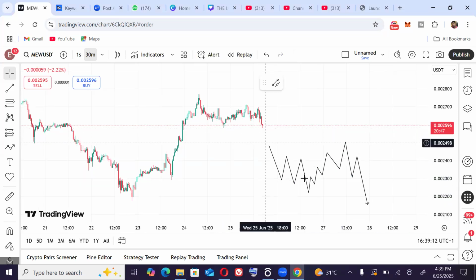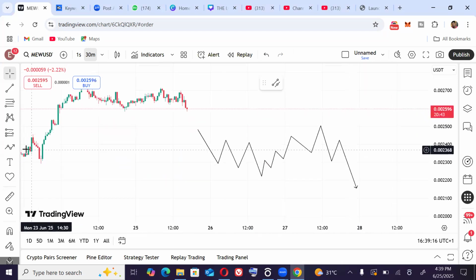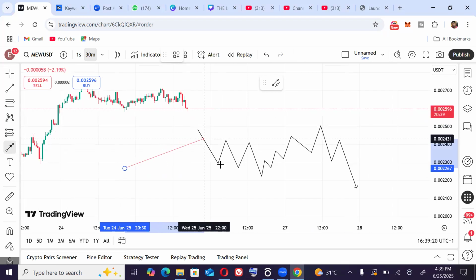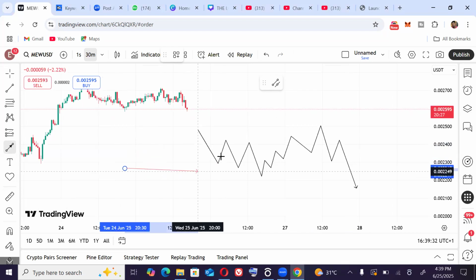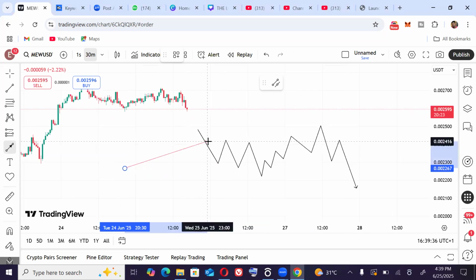Now, look at this schematic very clearly, guys. As a trader, what do you observe? We're moving down. Now, we must, I repeat, we must, first of all, plot out our range, our trading range. We must plot it out and use that to actually fine tune our trading model.